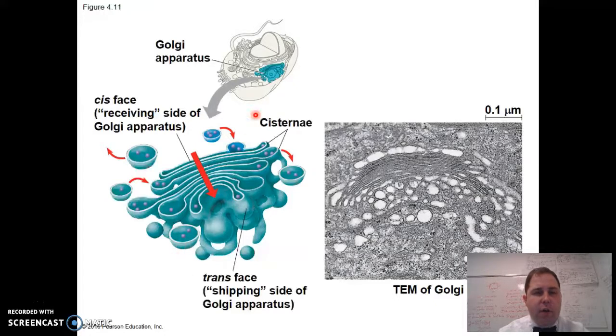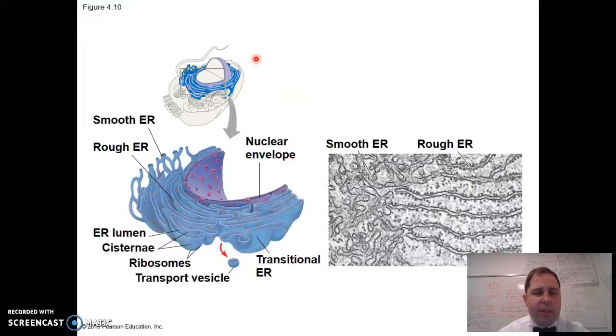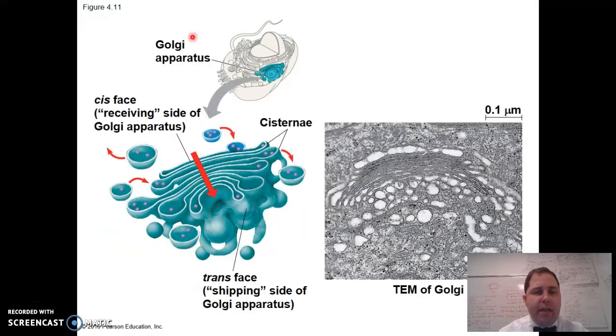So we go from the ER, where the protein is first made. It's folded as it moves through the ER. When it reaches the end of the ER, it will hit the Golgi apparatus, be processed even further, and then released from the trans face of that Golgi apparatus.